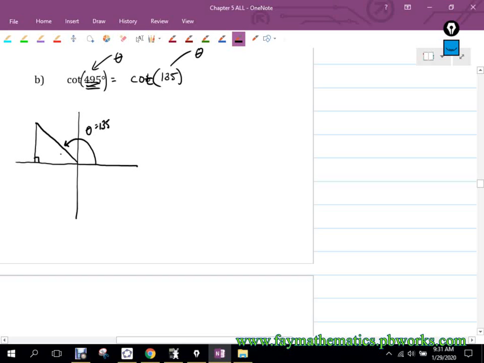Draw this down. So here's theta bar. How big is theta bar? Somebody say 45? So theta bar, that angle right there, is 45 degrees.